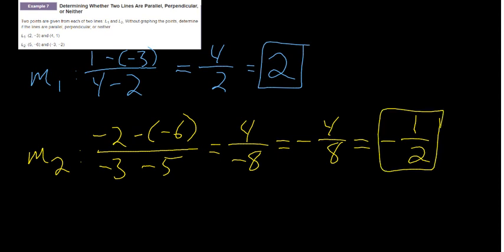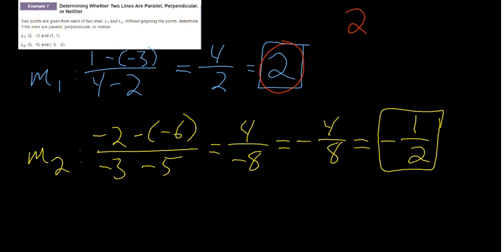Then you're going to ask yourself, are these the same? Well, obviously not. Are they negative reciprocals of one another? The answer is yes, right? Because the signs are different. One's positive, one's negative, and the fraction is indeed flipped. If I were to write 2 as a fraction, it would be 2 over 1, and the reciprocal of that is 1 over 2.